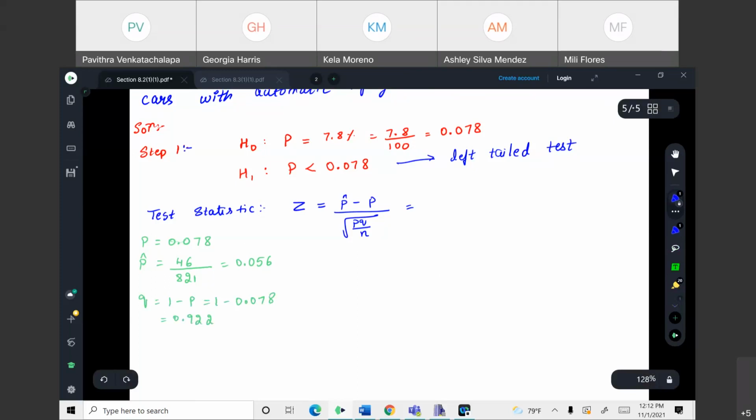Okay, you just have to substitute that here: 0.056 minus 0.078 divided by square root of p, which is 0.078, times q, which is 0.922, divided by small n, that is 821.